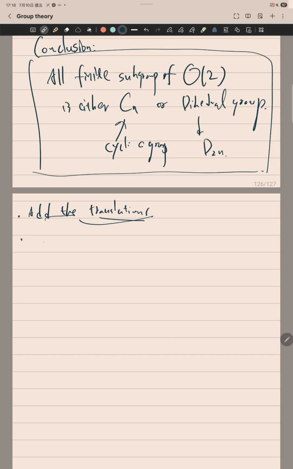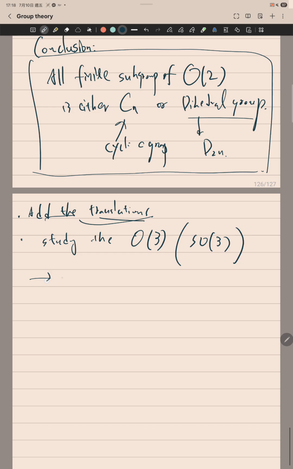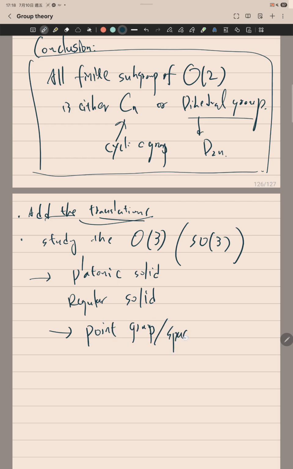And moreover, I want to study the 3-dimensional one, so-called O3, or basically SO3. I want to understand the general structure of finite groups of SO3, which will lead to so-called Platonic solids, or regular solids. And more generally, it will go to so-called point groups and space groups, which will be very interesting.